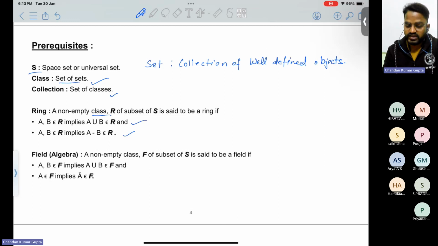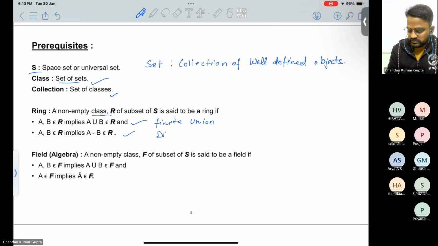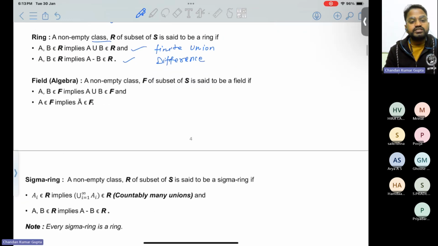First, if A, B belong to R, then A union B also belongs to R. And if A, B belong to R, then A difference B also belongs to R. That is the finite union and difference. If these belong to the set, then their union and difference also belong to the same set, and then it is a ring.